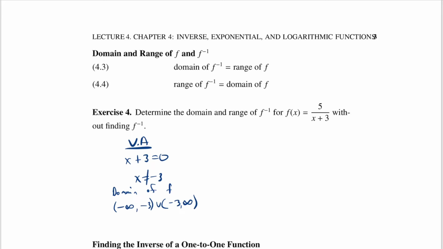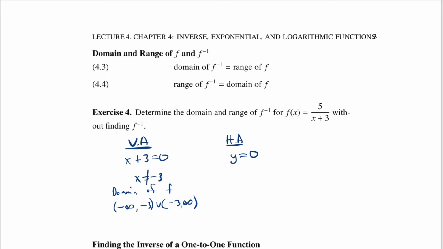Now let's find the range. The range is found from the horizontal asymptote. If you find the horizontal asymptote, that's going to tell you what the range is. So whenever the degree of the denominator is greater than the degree of the numerator, as is the case here, then your horizontal asymptote is automatically y equal to 0.